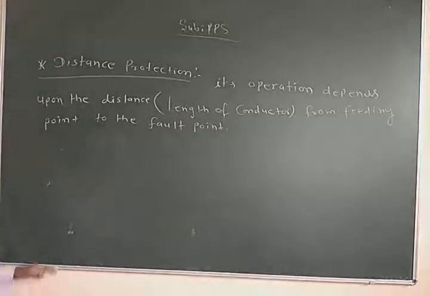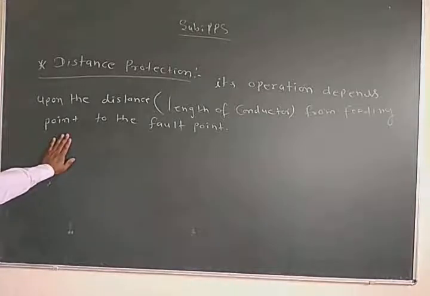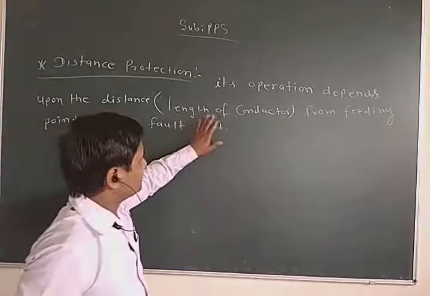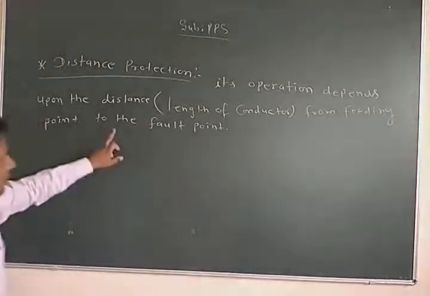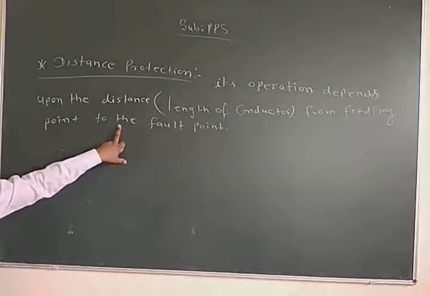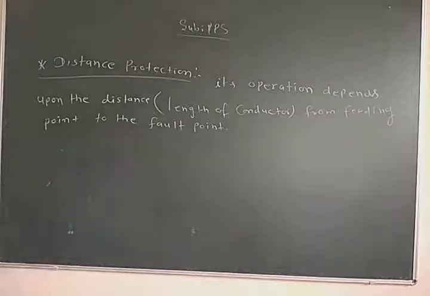Means operation of distance protection depends upon the distance, that is the length of the conductor from feeding point to the fault point.